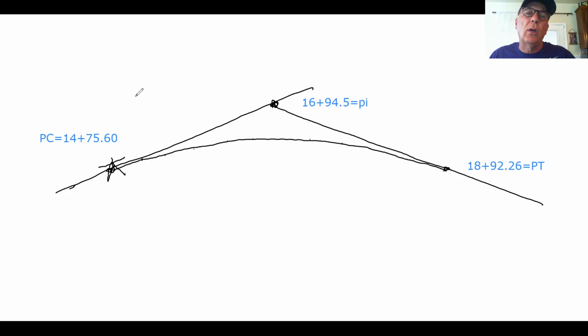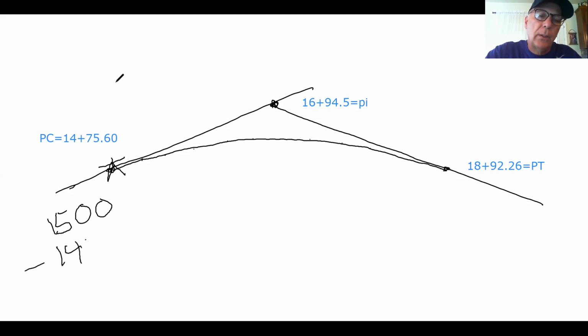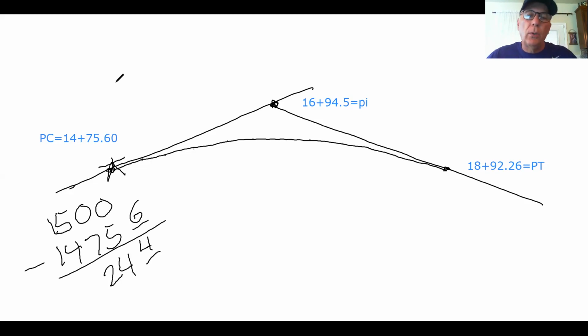The length of the arc is going to be station 15+00, and we're going to take off the 14+75.60. That difference becomes 24.4.